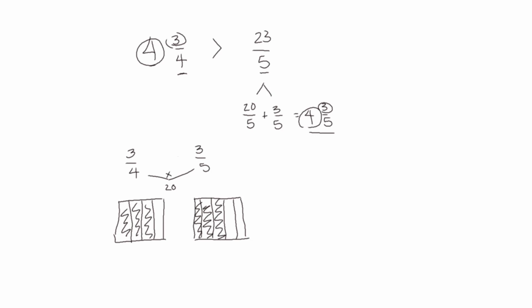And we could decompose each of these fractions into denominators of 20. So 5 times 4 is 20, 3 times 4 is 12. And for 20 here, 5 times 4 is 20, so 3 times 5 is 15. So 3/4 would be equal to 15/20, and we can show this on our area model.